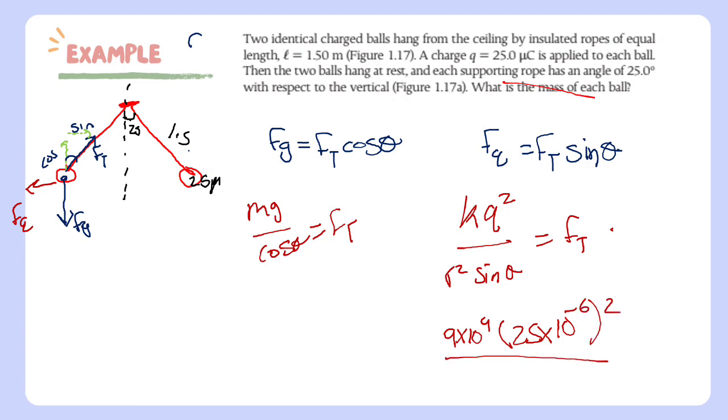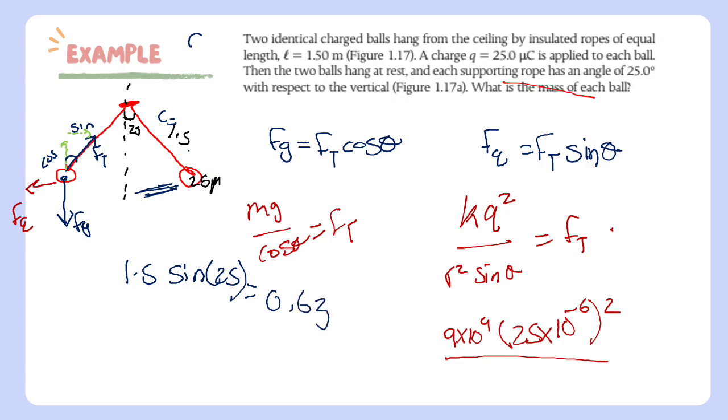R is easy to find by using trigonometry, and we know that 1.5 sine 25, 1.5 is L, and sine 25 is the angle's opposite side, which would give me, using my calculator, 1.5 sine 25, 0.63.